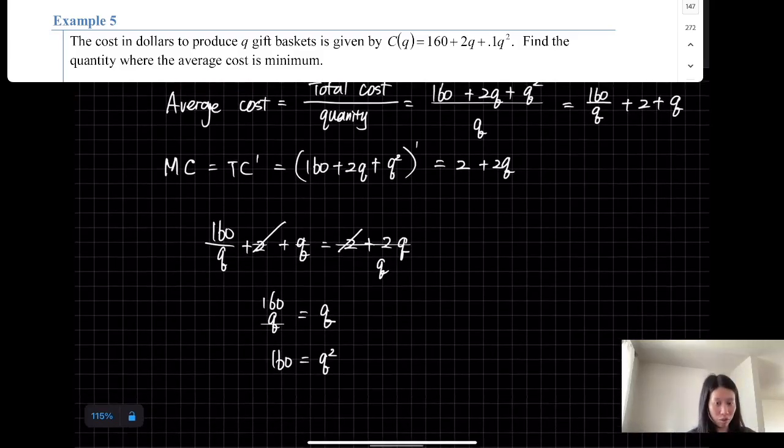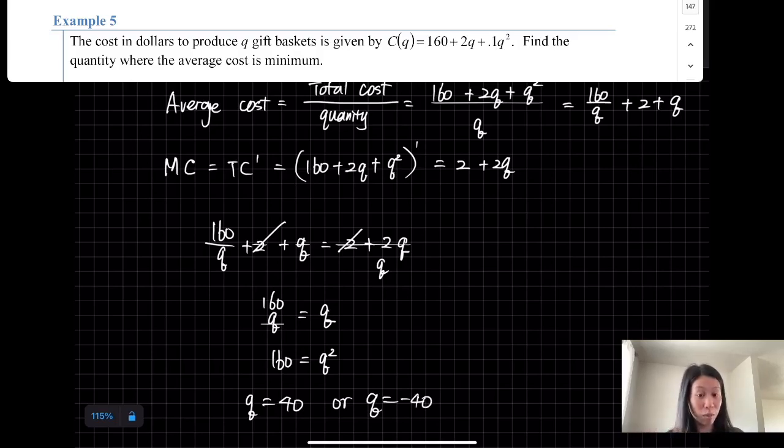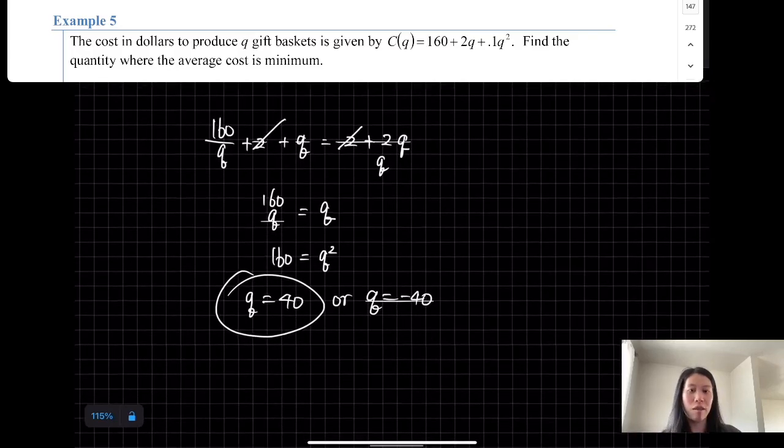When you take the square root, I have either Q equals 40 or Q equals negative 40. Again, for a reasonable domain, you can't produce a negative amount of gift baskets. So we should only keep Q equals 40. So when you produce 40 baskets, we will have our minimum average cost.